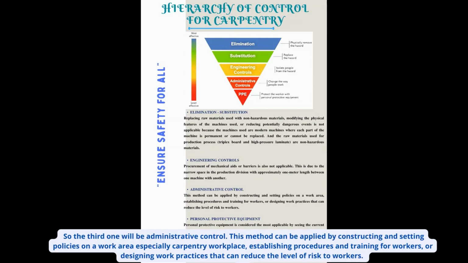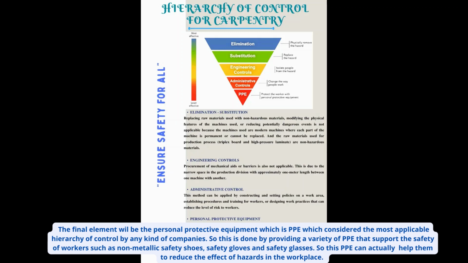The third one is administrative control. This method can be applied by constructing and setting policies on a work area, especially the carpentry workplace, establishing procedures and training for workers, and designing work practices that can reduce the level of risk to the workers. The final element is personal protective equipment, or PPE, which is considered to be the most applicable hierarchy of control by any kind of company.